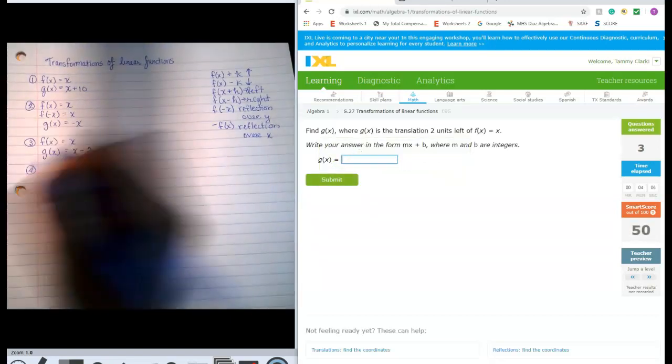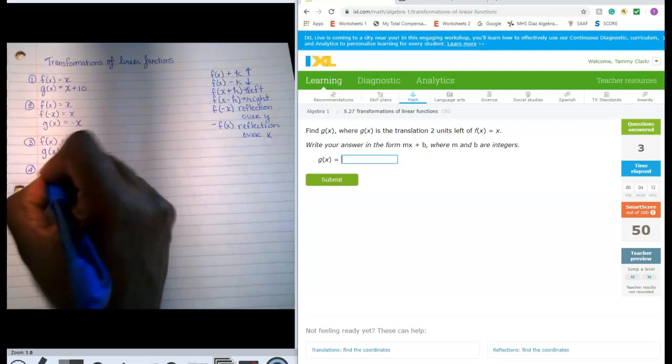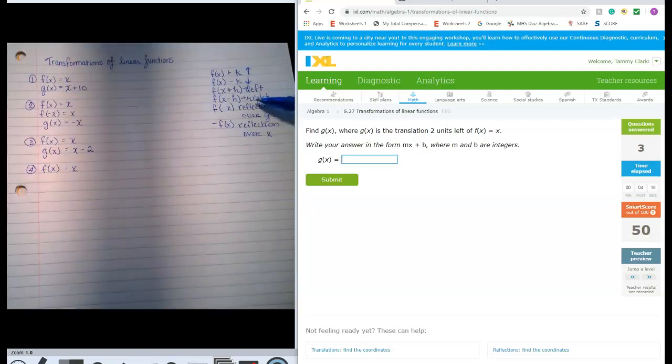Number 4, we've got find g of x where g of x is a translation 2 units left of f of x is equal to x. So we come over here. Now they said the function moved left, so I'm going to write my answer opposite of that.